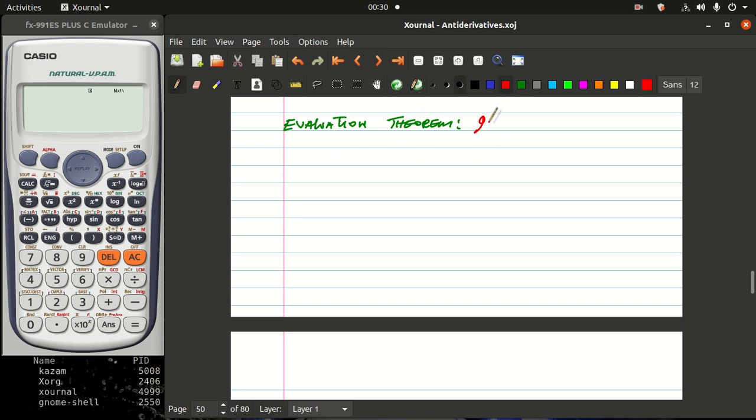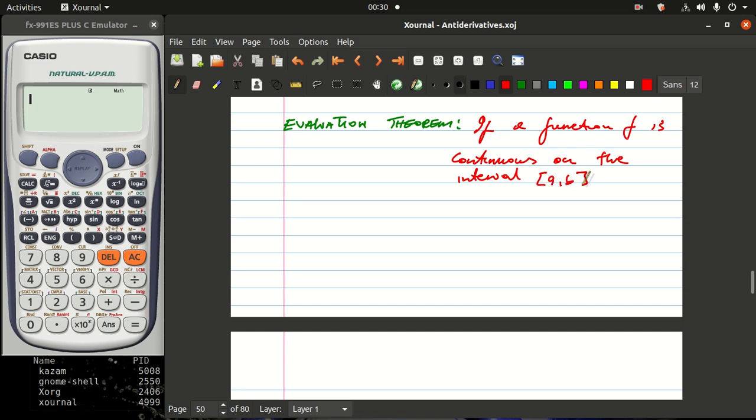So the evaluation theorem is saying if a function f is continuous on the interval, let me call the interval ab, then when I want to evaluate the definite integral from a to b of f of x dx, all I need to do is find a particular antiderivative of this and then evaluate at b.